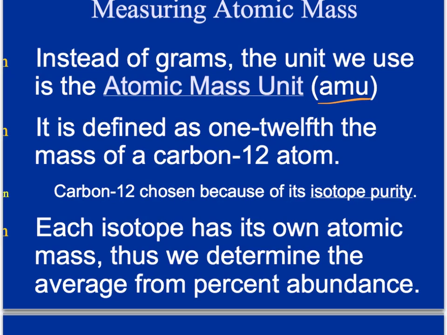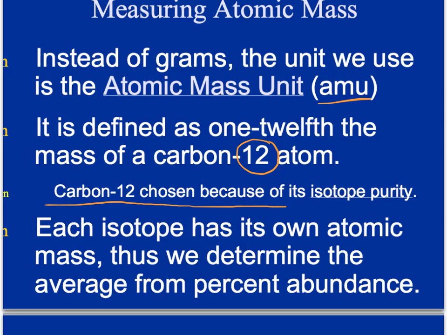And an AMU is defined as 1/12 of the mass of a carbon atom. So think of that. If I have a carbon atom, I divide it into 12 parts. Where are we getting this 12? This is from the number of protons plus number of neutrons in carbon, so 6 plus 6 is 12. So an atomic mass unit is equal to 1/12, or the mass of 1 proton or neutron, and that's where we came up with this atomic mass unit.